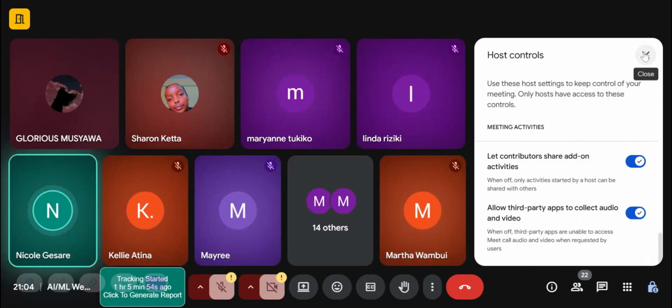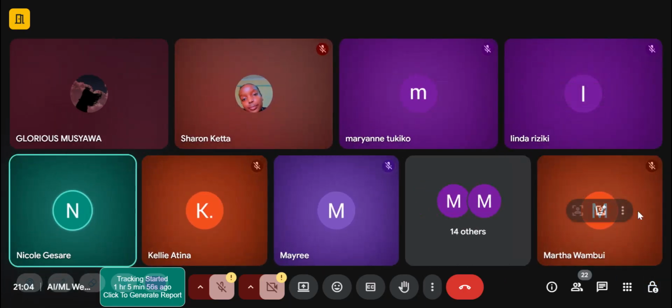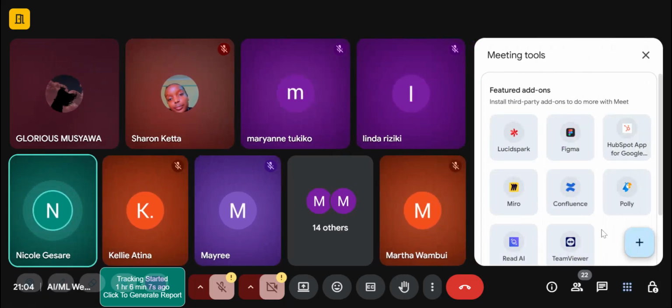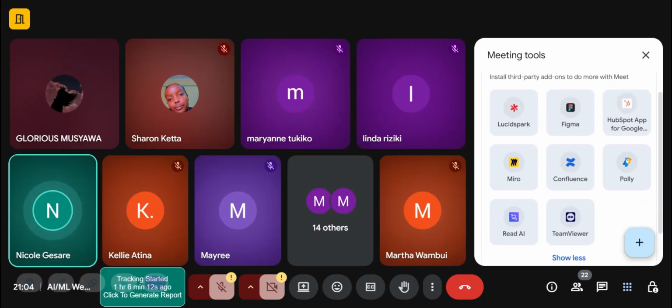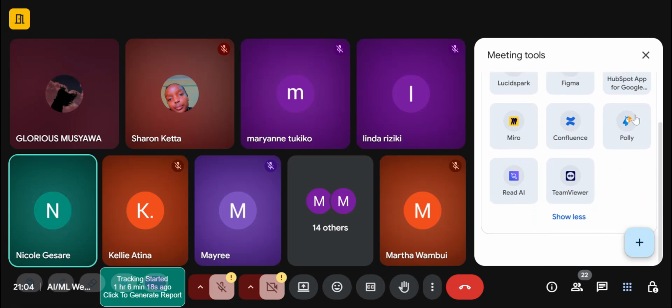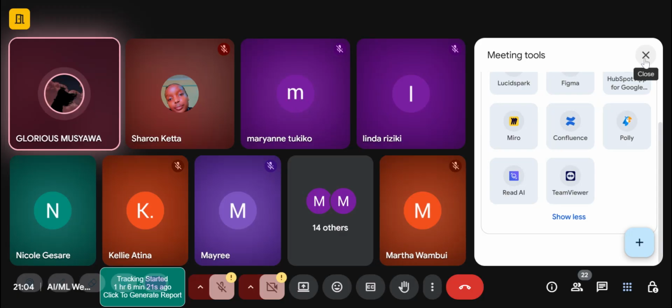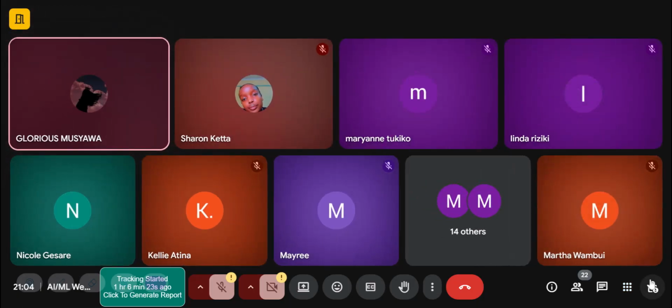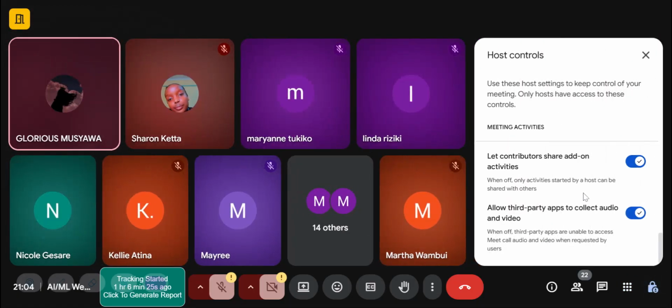Okay, the host can go to the activities icon at the edge, the dots. There are many dots at the corner, and then in the activities section, there's an option to do breakout rooms for the host only. Oh, so the host is the only person who can create the breakout room. Yeah, okay.